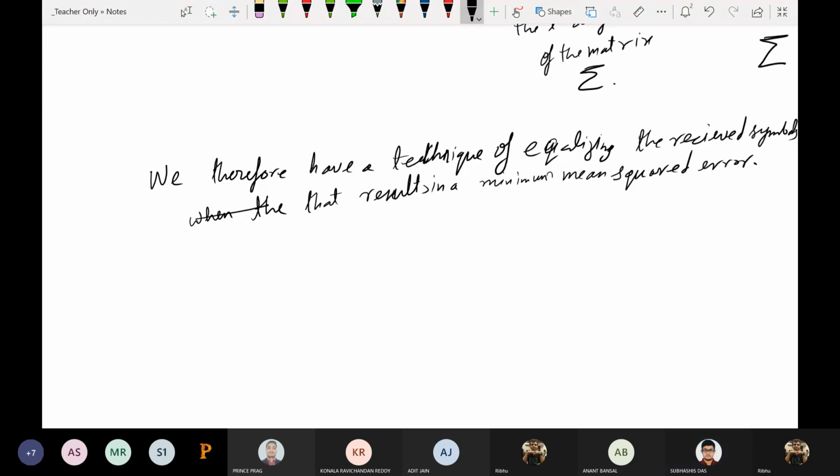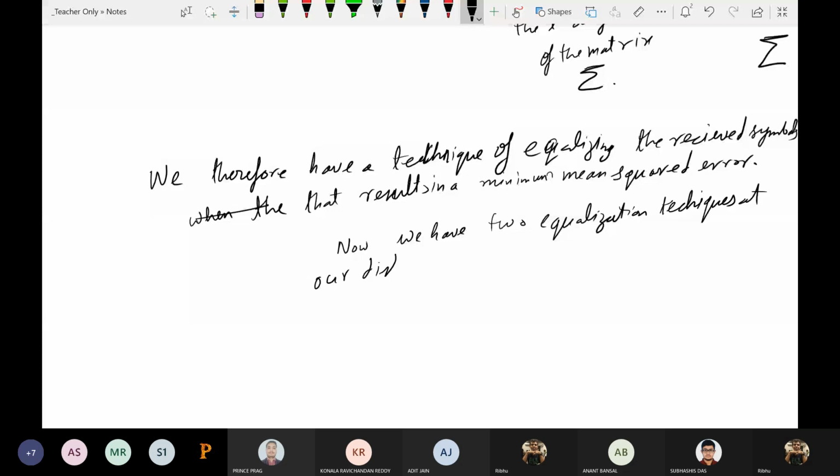So now we have two equalization techniques at our disposal.